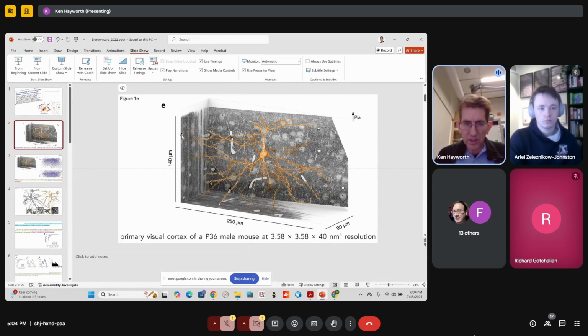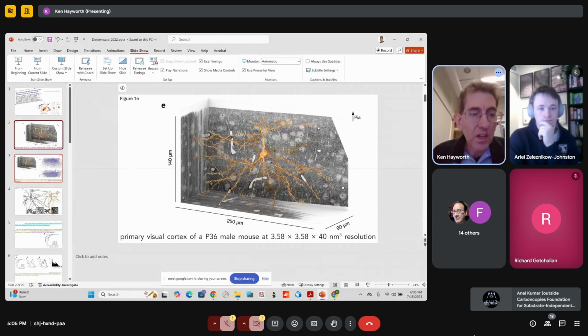In any case, this is a 140 micron by 250 micron by 90 micron thick connectomic reconstruction of the layer 2-3 area of the primary visual cortex of a mouse. The sectioning was at 40 nanometers thick.